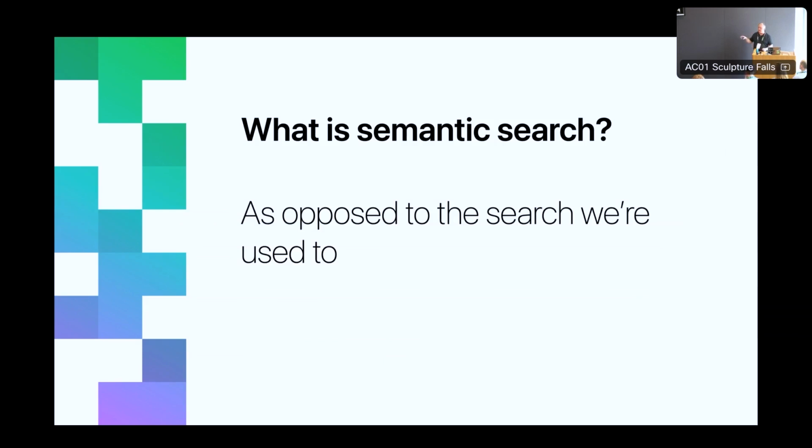So if we now compare it to the search that we already know, semantic search allows us to look for the meaning in text or images or audio, as opposed to keyword search, which everybody here in FileMaker is used to, where we're searching for literal text. If we enter a word, FileMaker is going to find that exact word, subject to the additional conditionals that we've got, wildcard search and so forth.